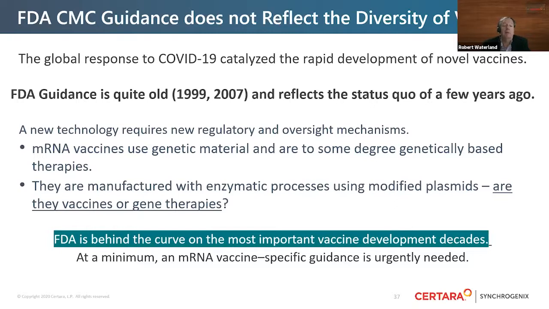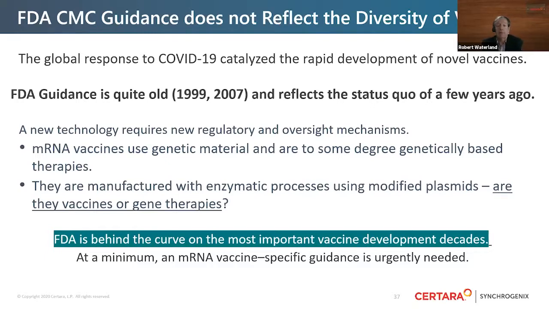As I've mentioned, messenger RNA vaccines, DNA vaccines use genetic material, and they are to some degree genetically based therapies. In fact, you can argue, are they vaccines or are they gene therapies or are they both? Whatever the case is, it's clear that FDA is behind the curve on providing guidance and maybe regulations on this really important vaccine development. At a minimum, a messenger RNA vaccine specific guidance is urgently needed.